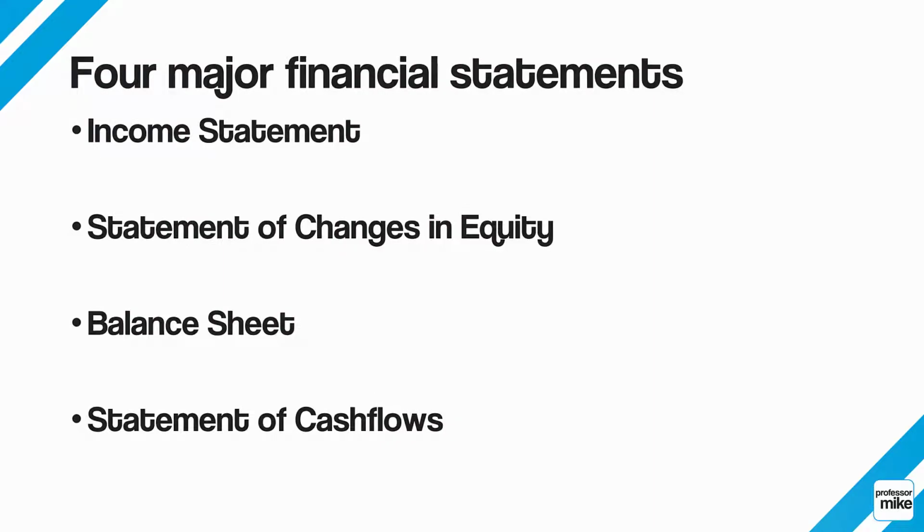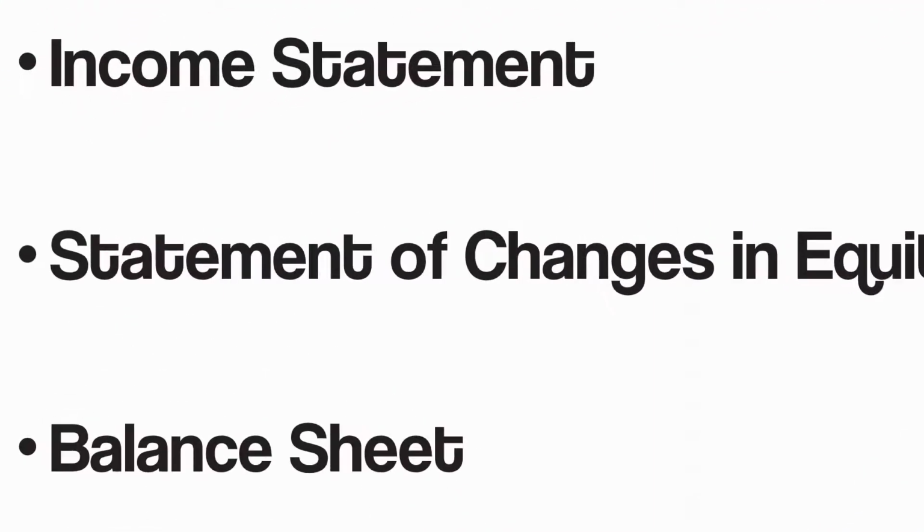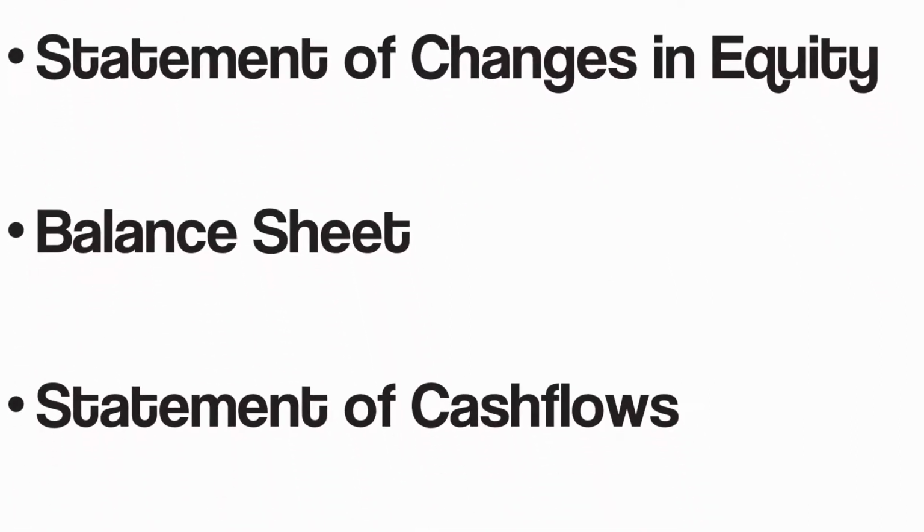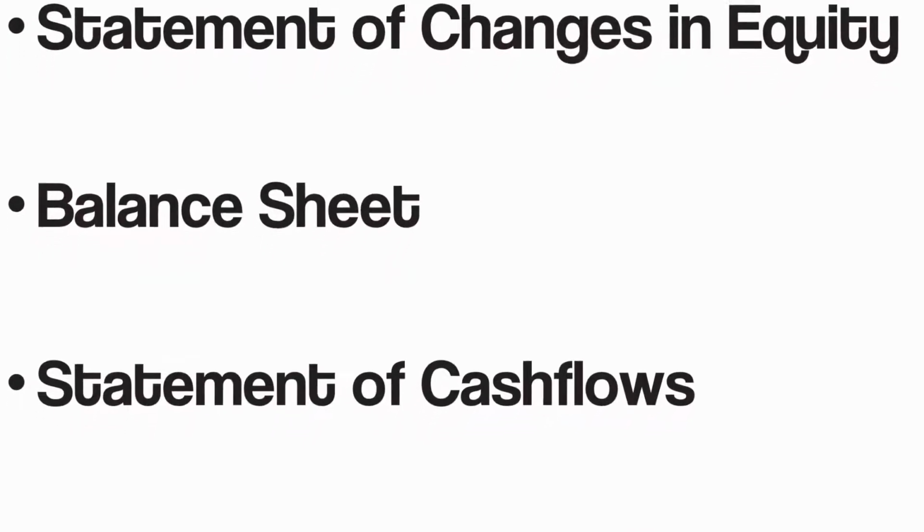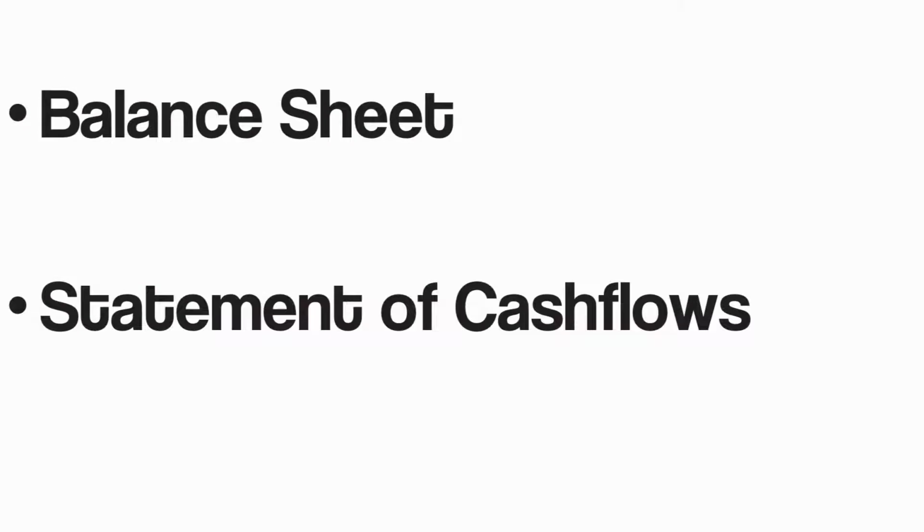The first major financial statement is the income statement. At its simplest, the income statement reports revenues and expenses of an organization, leading to a net income or loss for a period of time. The statement of changes in equity, well, that represents how much of the assets belong to the owner. The balance sheet reports assets and liabilities and equity at a point in time.